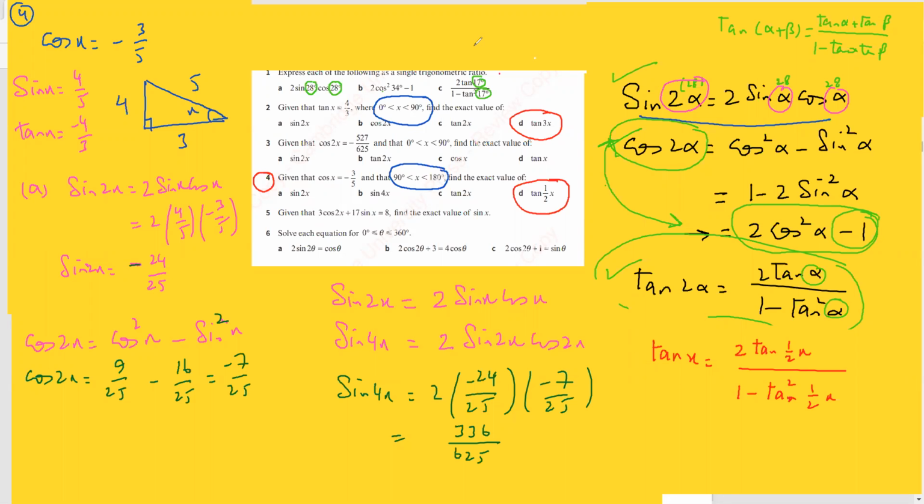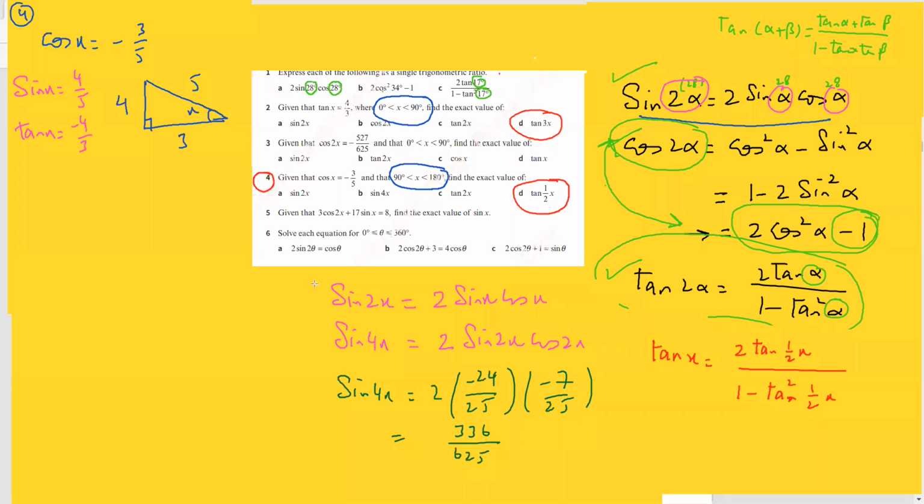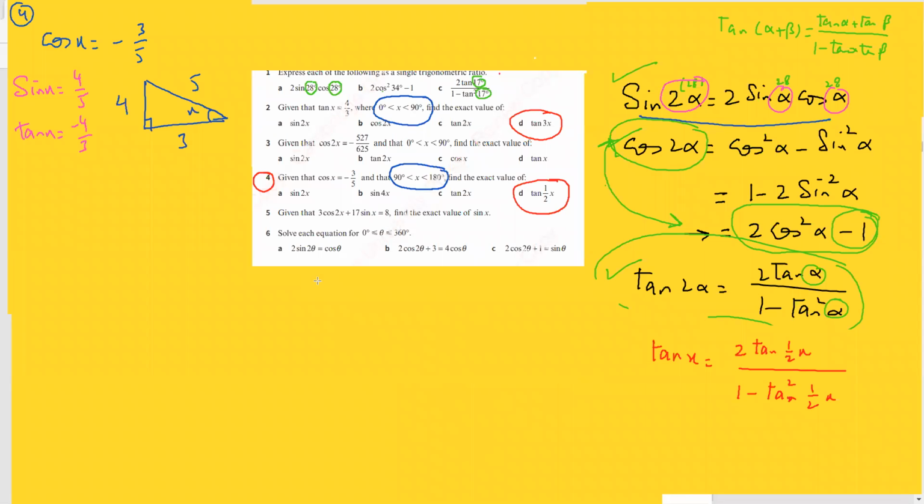Let me clear all of this area. Okay, now let's suppose that tan half x is equal to y. So tan x we have, that is minus 4 over 3.